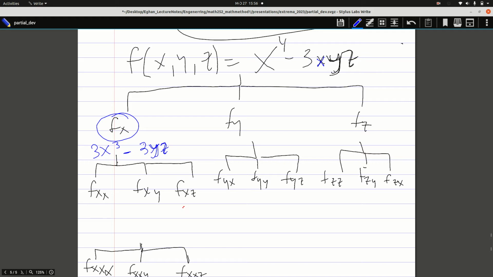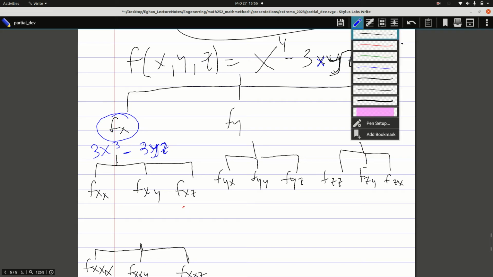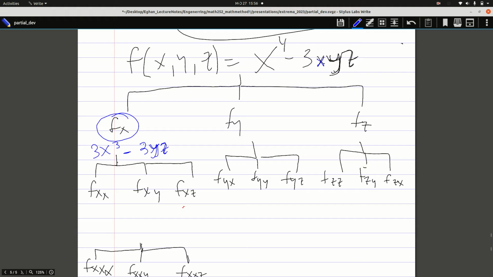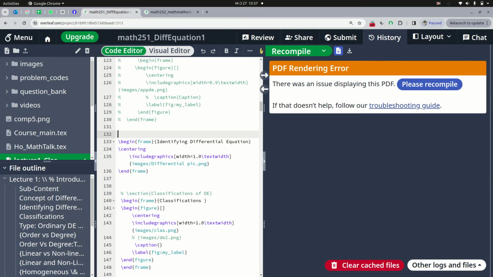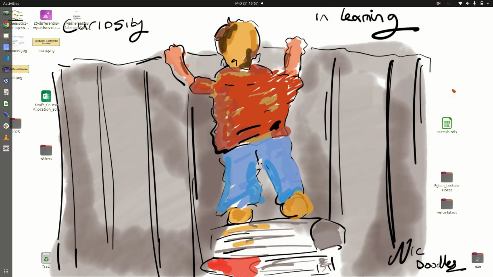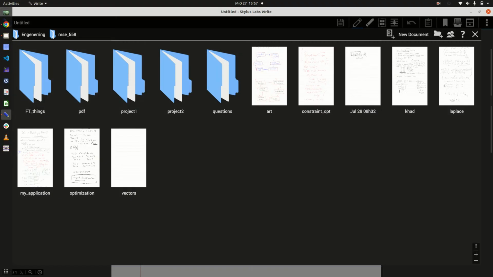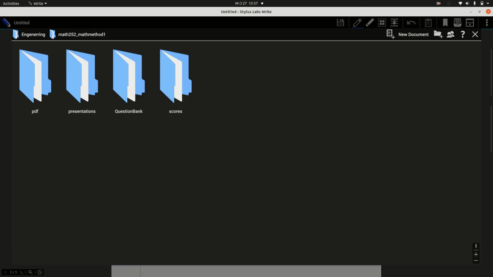Alright, so that's it. Let me move down from the same f_x. If I go to a second partial derivative with respect to x, I'm going to get 9x.